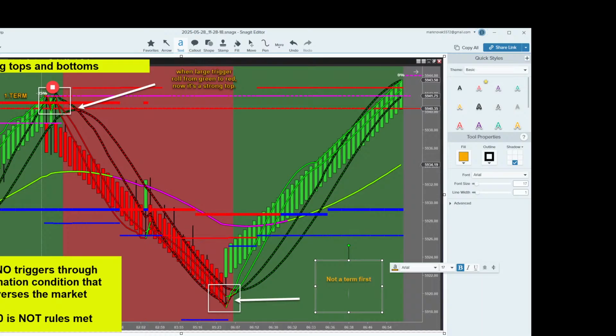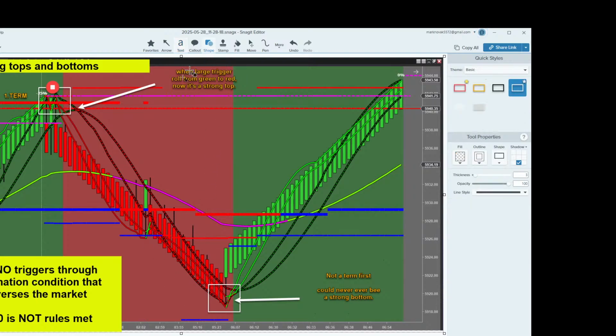Not a term first could never ever be a strong bottom. And it really is that basic. If it's not a termination first, it's not a strong top or bottom. If the small triggers break through, not a strong top or bottom. If it doesn't reverse the market, not a strong top or bottom.